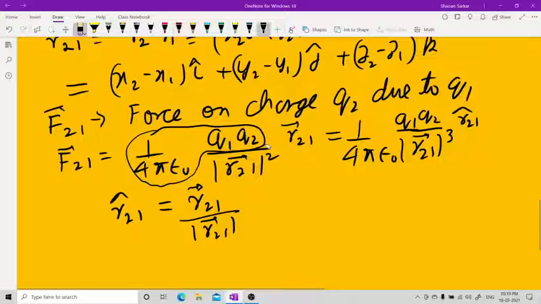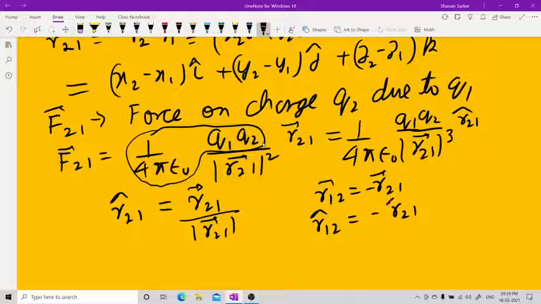Now you know that r12 is minus of r21 vector, r12 cap is minus of r21 cap, and the modulus of r21 vector is the same as the modulus of r12 vector.